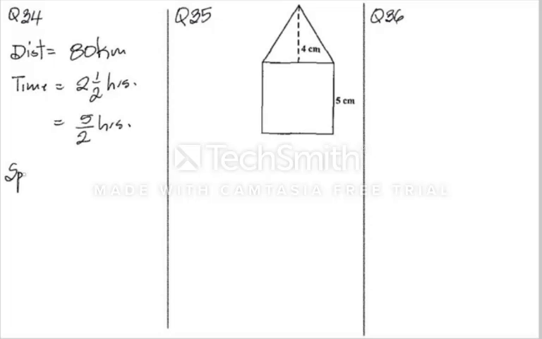Speed is equal to distance divided by time.